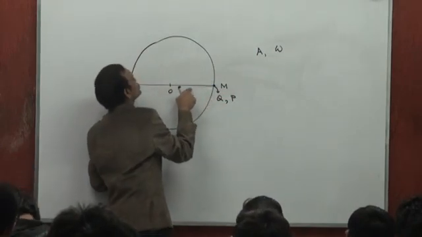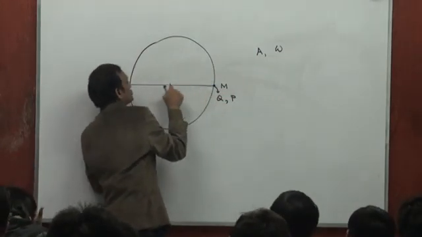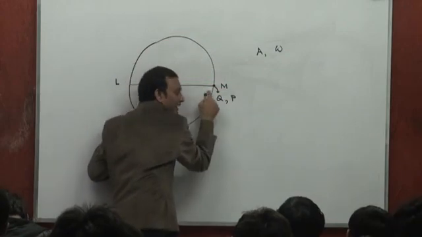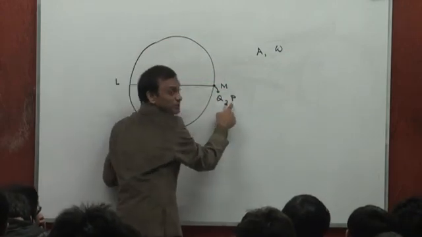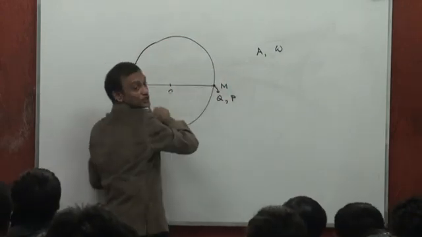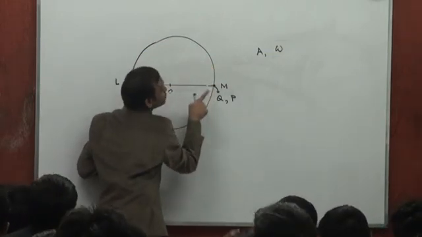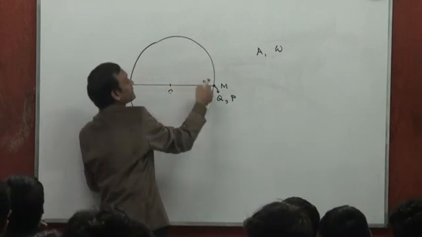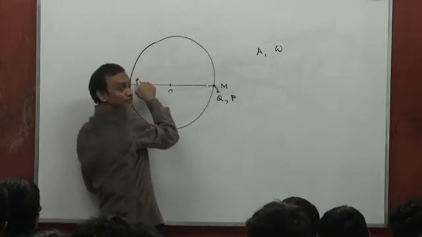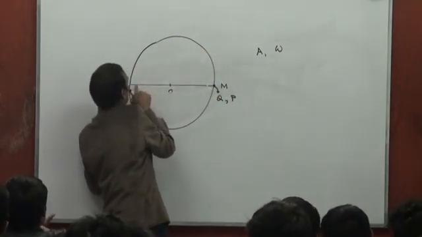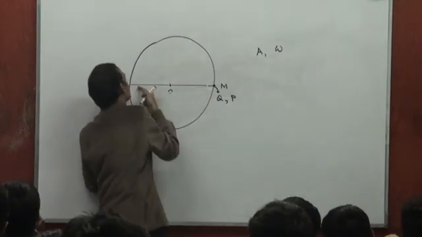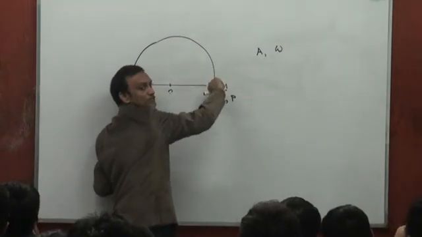While Q executes a full oscillation, M to L and L to M, what does P do? P executes a full circle. Q going from M to L is like P executing the upper half of the circle, and then Q going from L to M is like P executing the lower half.